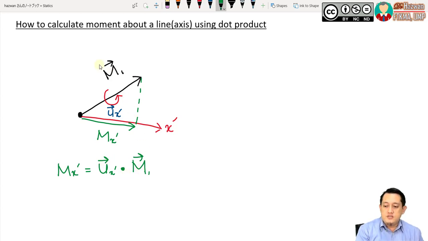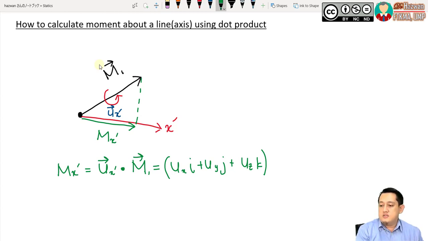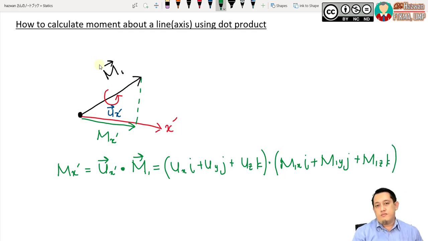Let's label Ux prime as Ux i plus Uy j plus Uz k, and this M1 dot product with M1x i plus M1y j plus M1z k.